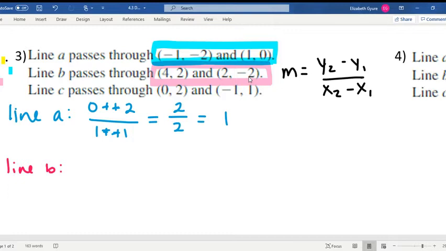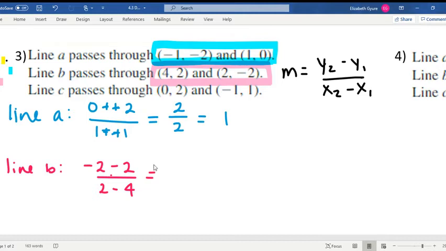Someone help me out with the y's. How should we subtract the y's? Very good. -2 minus 2 on top. What about for the x's? Yep, very good. 2 minus 4 on the bottom. All right, so -2 minus 2, and then 2 minus 4.